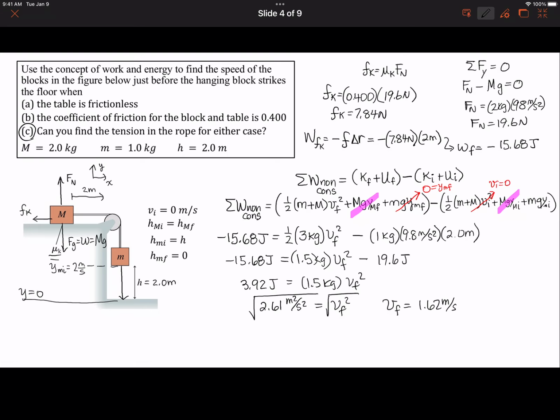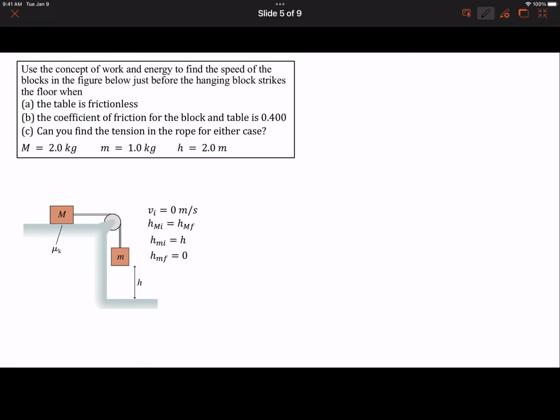And so in order to do that, we have to focus on one of the masses. Previously we focused on the larger mass that's sitting on the surface, and we used that to calculate the tension.